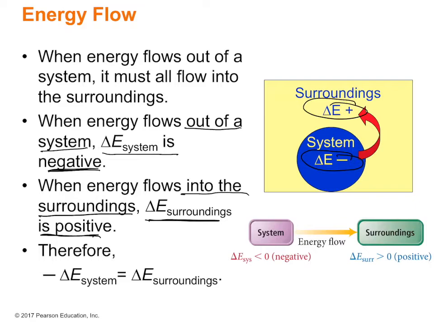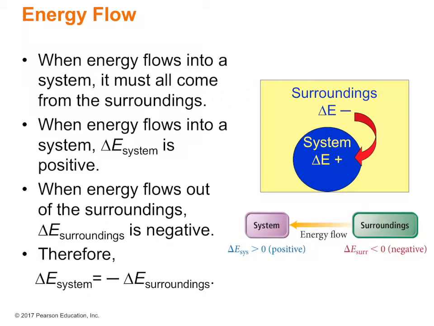Say you're taking money from your bank account and giving it to, say, Chick-fil-A. You get less money at the end and they get more money. So the surroundings are gaining energy, the system is losing energy. Therefore, the energy of the system is negative.